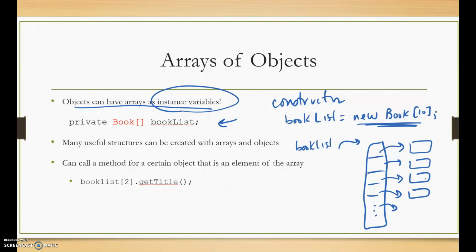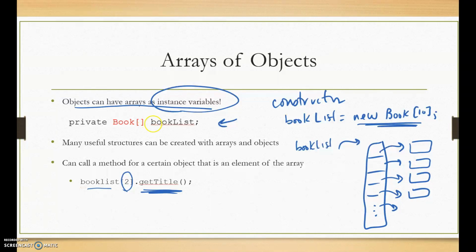Okay. Now, one of the things that's nice about this is if we contain them all in an array, we can loop through the array using for loops, which is one of the skills we're going to talk about today. Another nice thing about this is that we can still access those methods that we have in the Book class through the specific entry that we are referring to. So we would say bookList, find index 2, which is actually the third book, and then once we get to that third book, I want to call the getTitle method on this object.